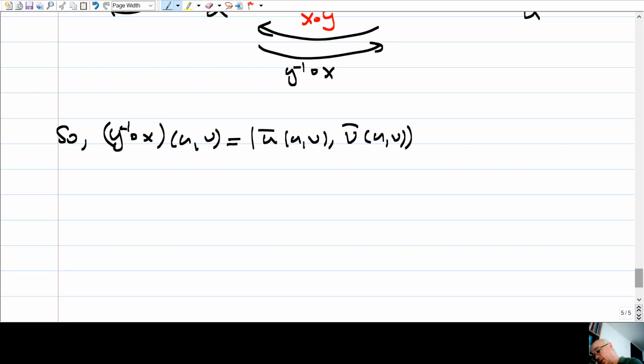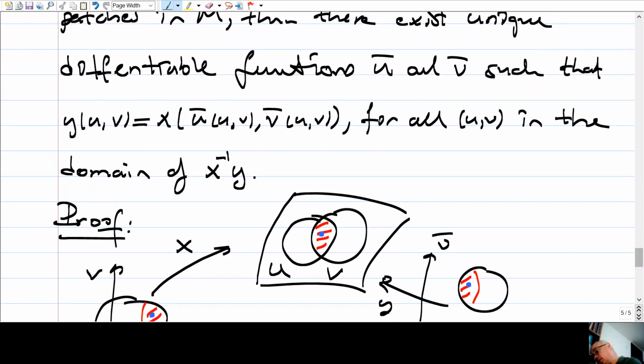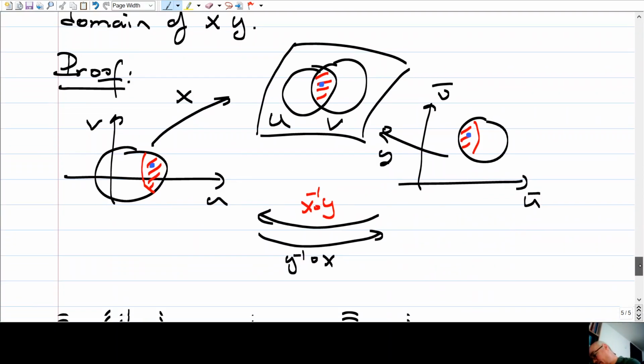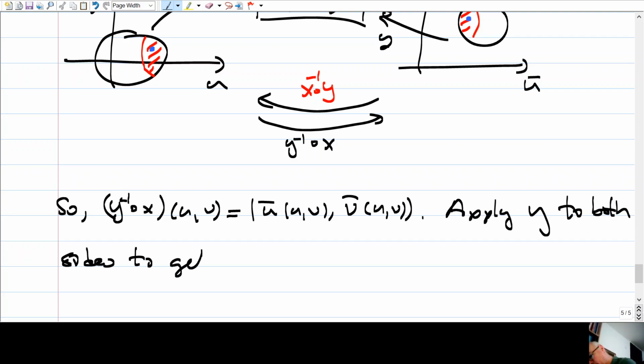Okay, but this means what? If I just apply Y to both sides, Y of this is what?